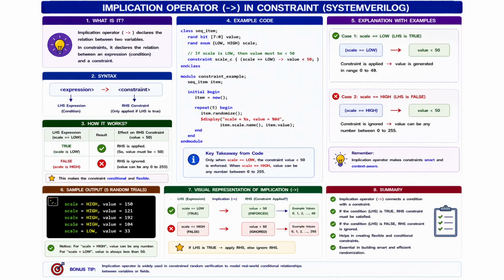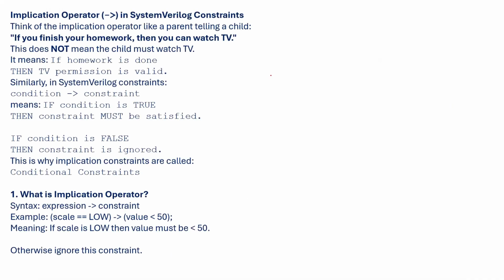Now, implication operator. So how if-else conditions are working, same way, the implication operator also works. Suppose while coming to the class, you need to complete these things, then only I will take the next class.